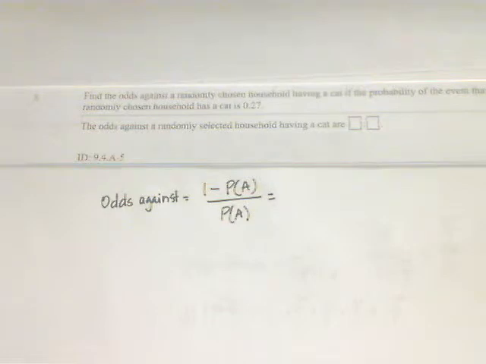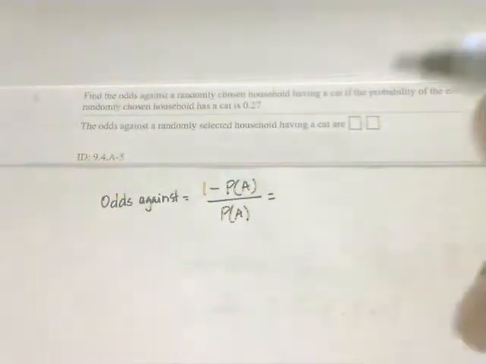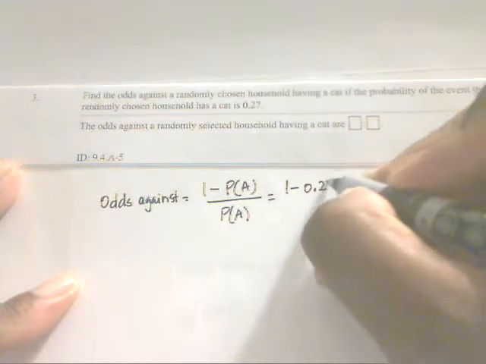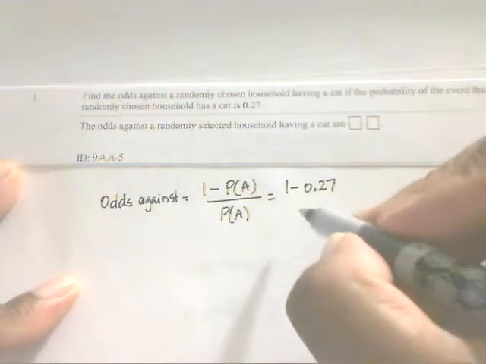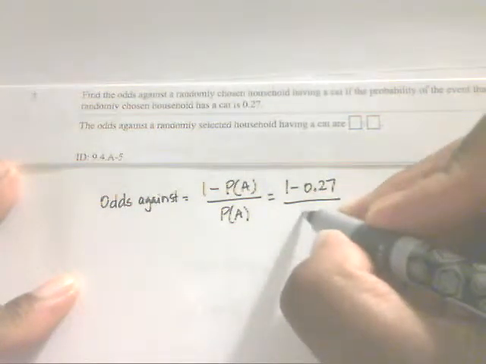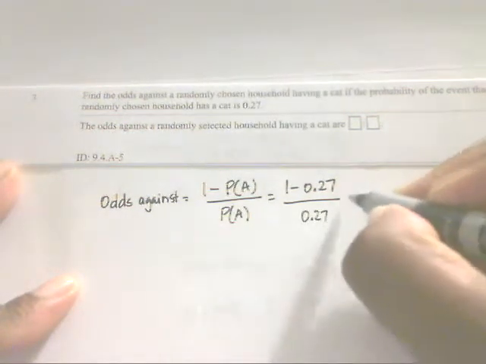In this case, the event A is going to be a household having a cat. So the probability of that was 0.27, so the numerator will be 1 minus 0.27 divided by the probability of event A, which is 0.27.